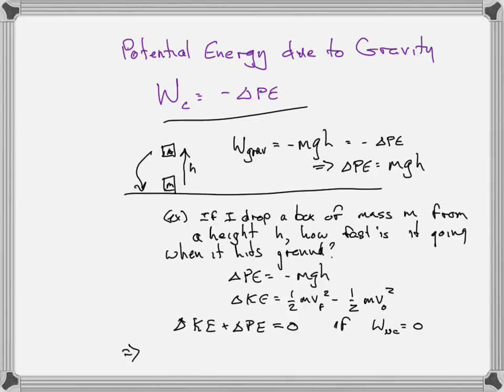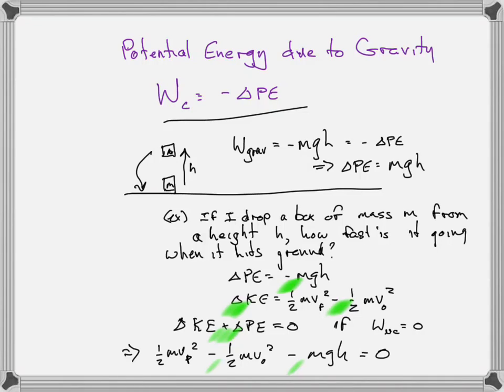So therefore, we have 1/2 mv final squared minus 1/2 mv initial squared minus mgh is equal to 0. That's what energy conservation tells us. Hopefully you can see that understanding the negative signs is really important here, because we're adding these energies, but potential energy is negative. We're subtracting these kinetic energies, right? So that's where these minus signs come from. You should just understand that.